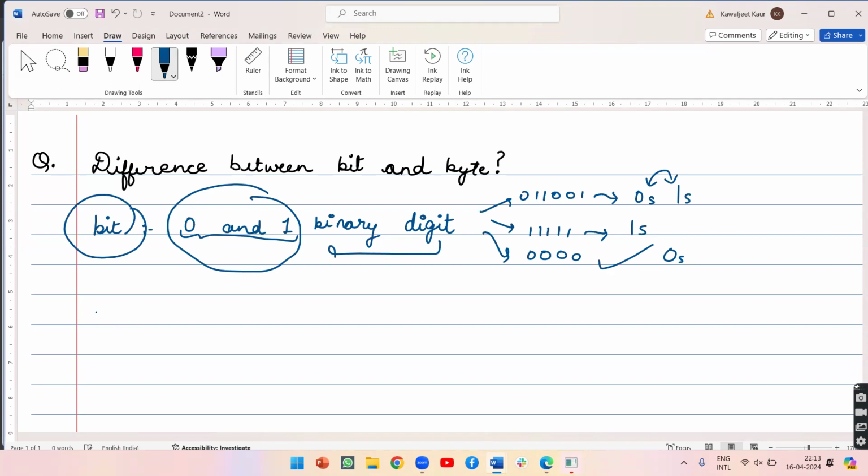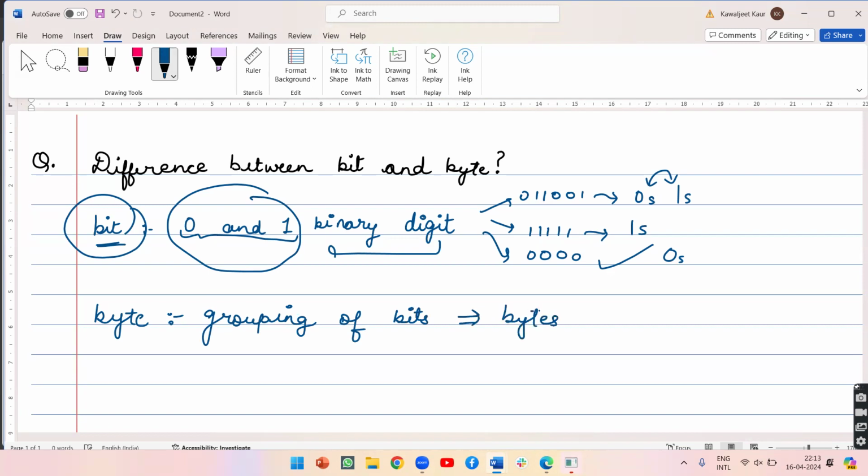And let us try to understand what is a byte. So a byte is actually a group of 8 bits. If we are going to group it, it's a collection, a grouping of bits that is done to form bytes.